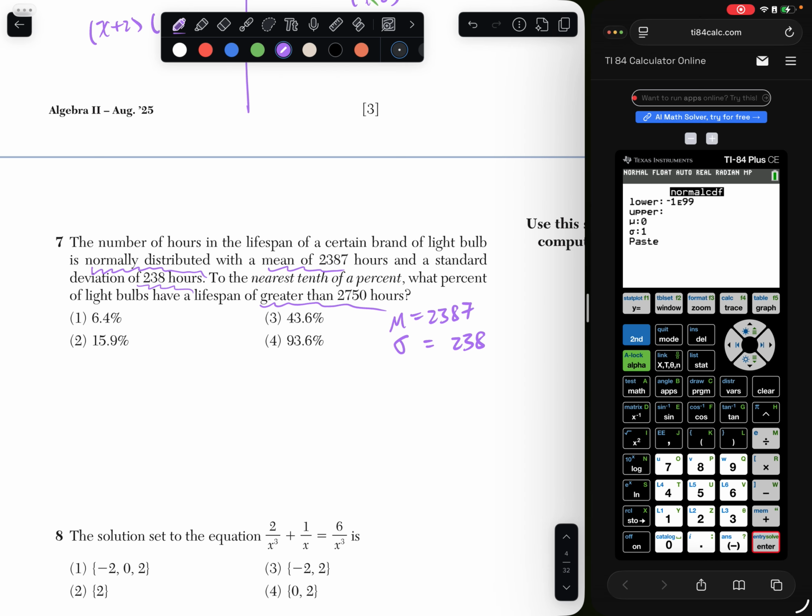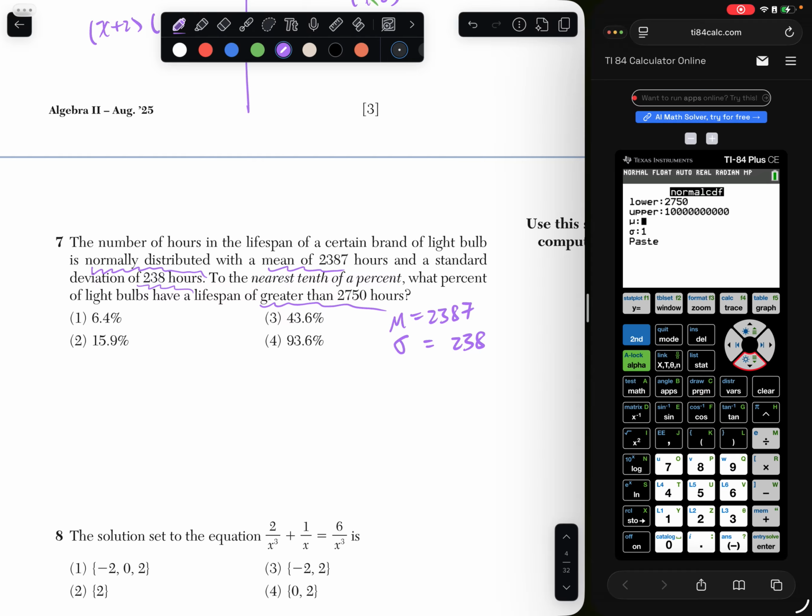So I want greater than 2,750. So my lower bound is gonna be 2,750. And then my upper, technically it's more simply infinity, but I'm just gonna pick a really, really big number. So I'm just gonna hit a bunch of zeros.